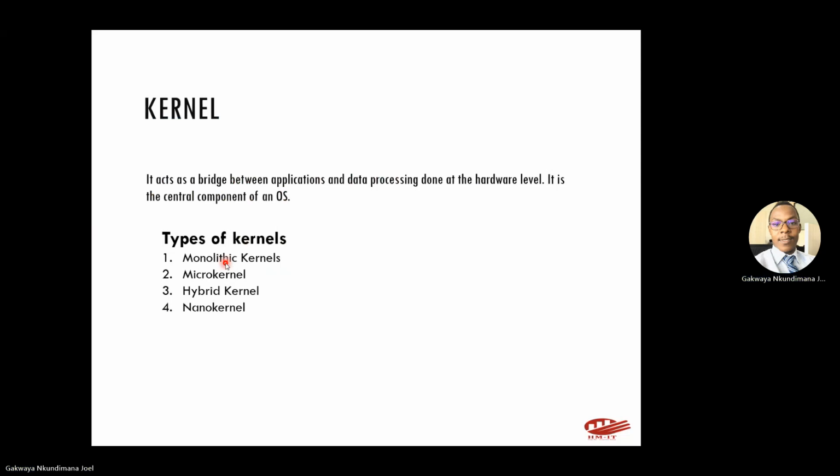Nano kernel is still in development; people keep working on it. So that's called the nano kernel. And if you look, nano is below micro. Micro, nano, it's maybe a small one for IoT. They may be focusing on that nano kernel.